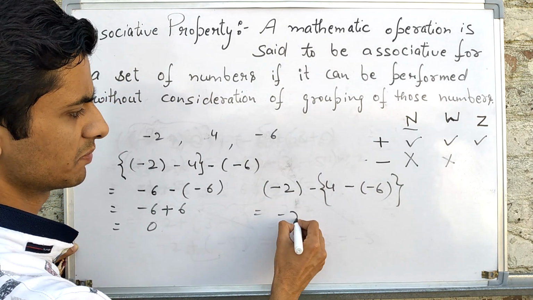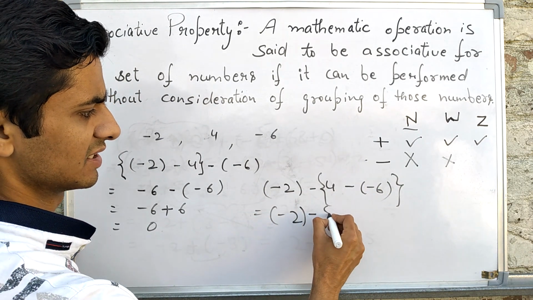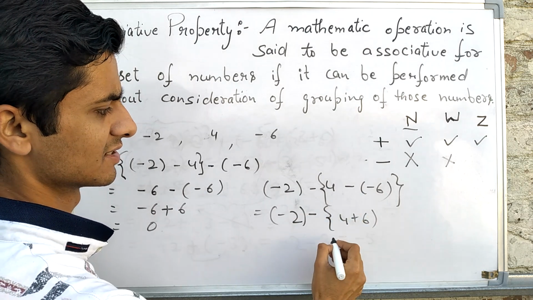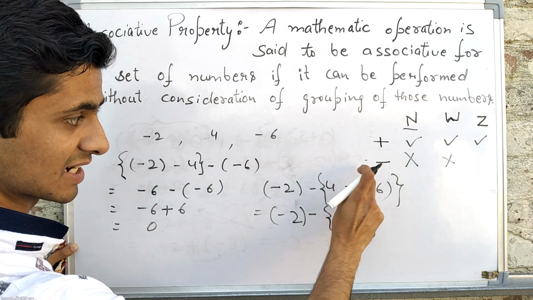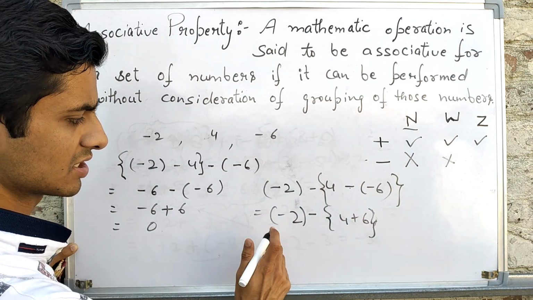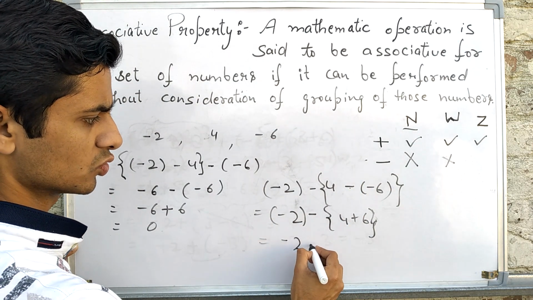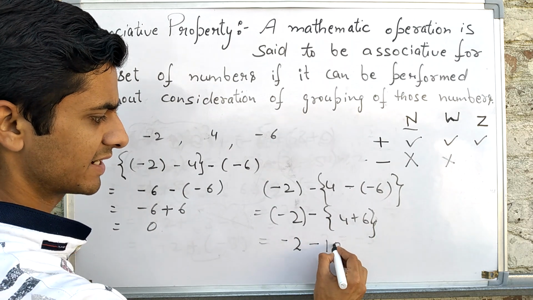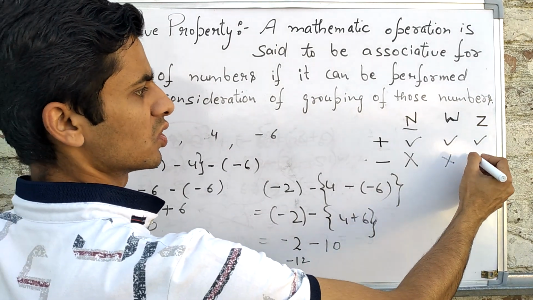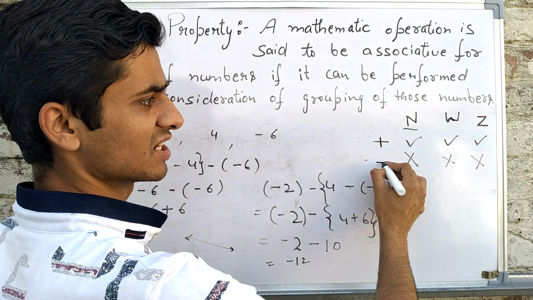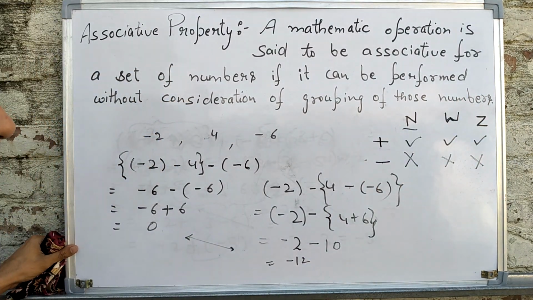What does it come out to be? -2 -4 plus 6. One number is negative, one number is positive. Another is negative, negative, turns out to be positive. -2 -6 plus 4, 10. It comes out to be -12. So subtraction is not associative for integers as well.